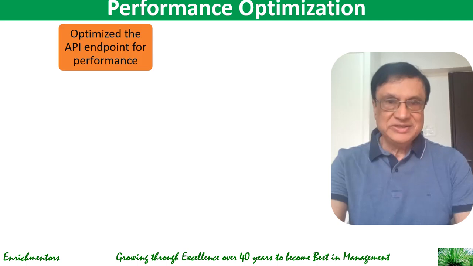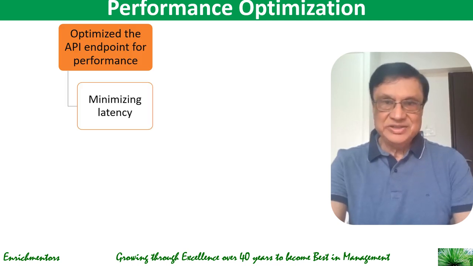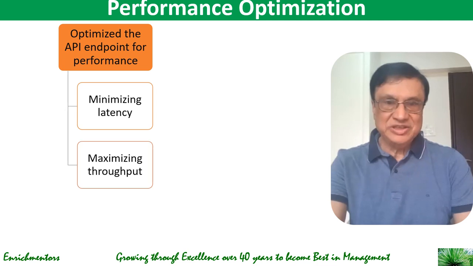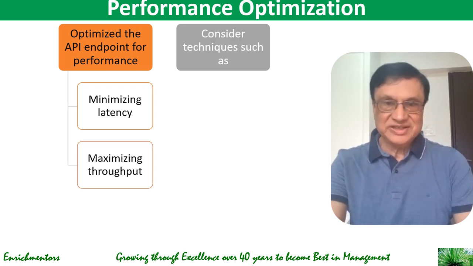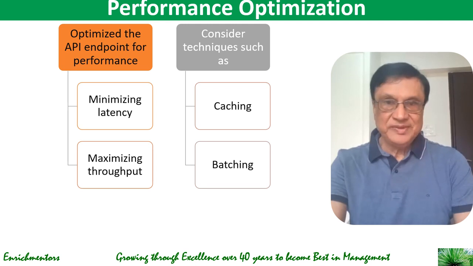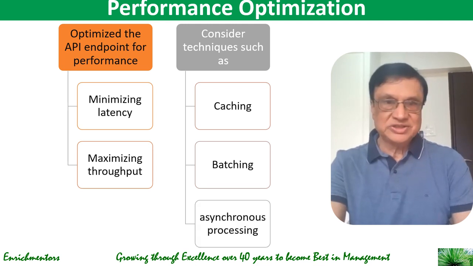Then they optimized the endpoints for performance by minimizing latency, the response time, and maximizing throughput, the number of users or amount of data that could flow. In doing that, they considered techniques such as caching, batching, and asynchronous processing to handle concurrent requests efficiently. And that's what they did.